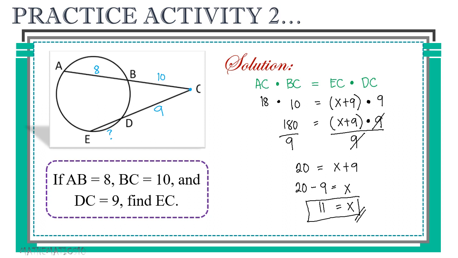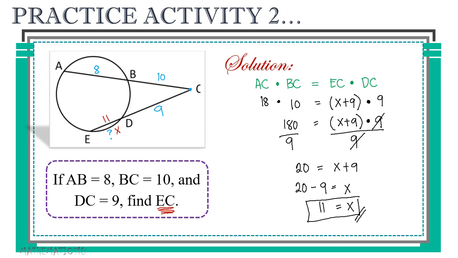But take note, I am looking for the length of EC, not the value of x only or the measure of DE only. Since we represent DE as our variable x, we can say that DE is equal to 11.